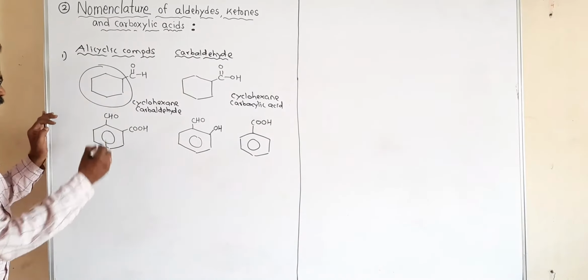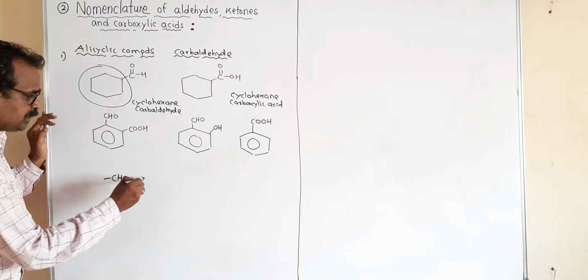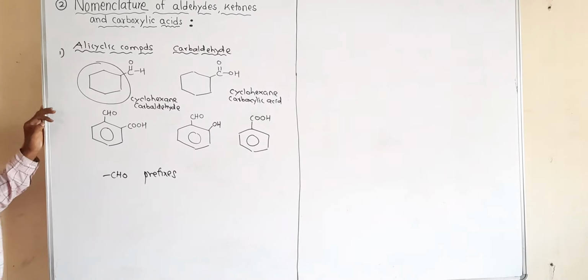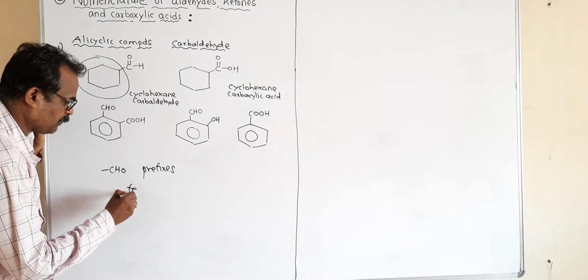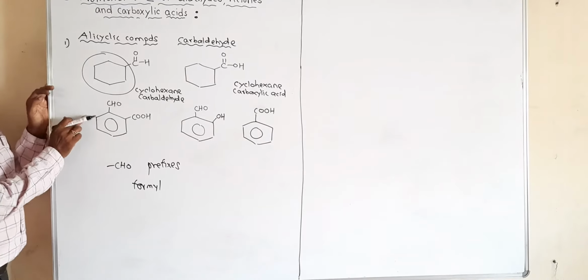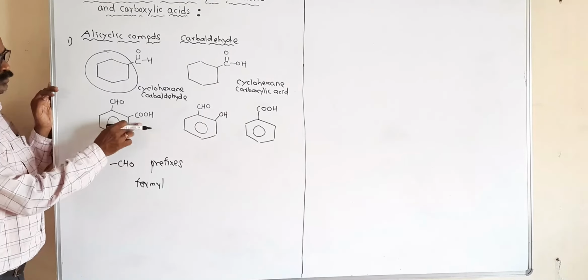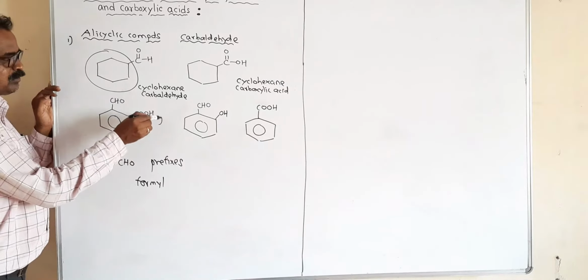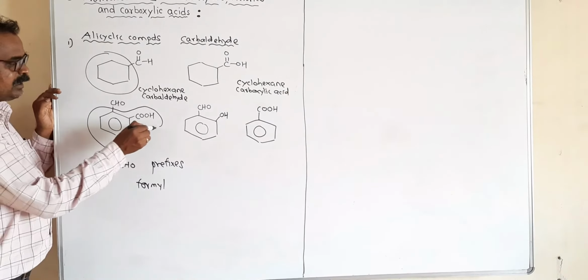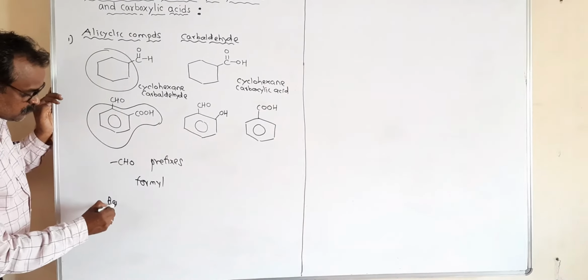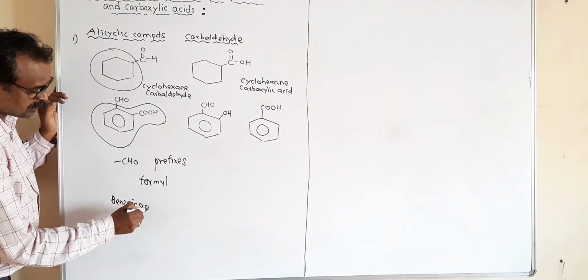For example, if the CHO group is a substituent, then the prefix formyl is used for the aldehyde group. Now consider this structure, in which there are two functional groups, one aldehyde and another carboxyl group. The carboxyl group has higher priority than aldehyde. Therefore this is considered the parent compound, and this is known as benzoic acid.